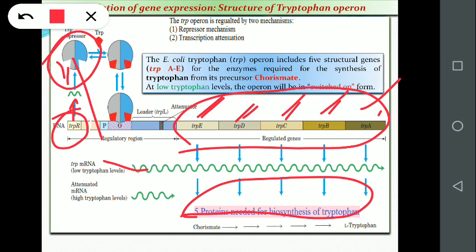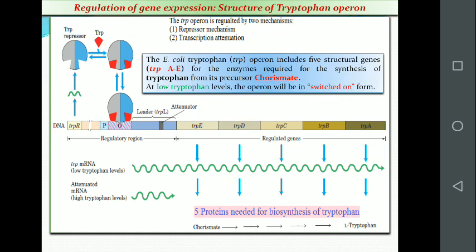So that is what happens. That is why we have 5 structural genes and one regulatory gene, and like that of lactose we have promoter and operator site. The only difference is that the repressor protein that is initially synthesized is inactive in status.